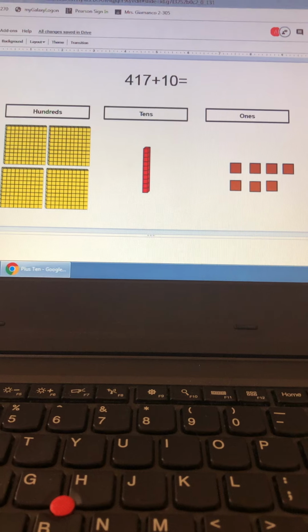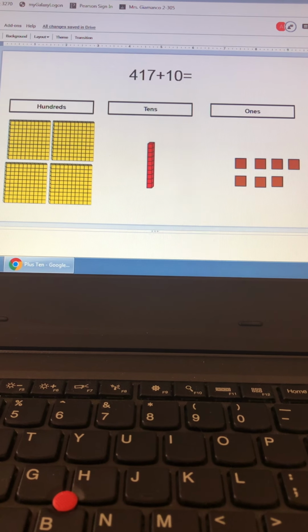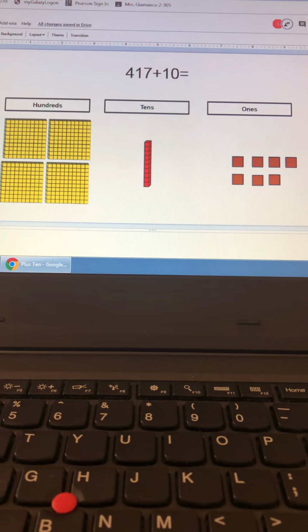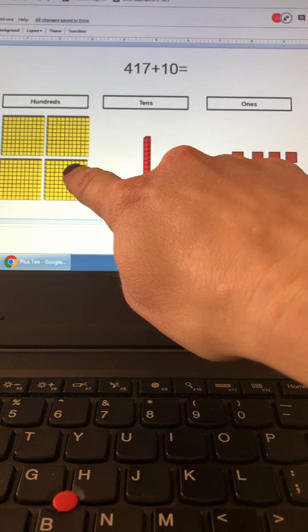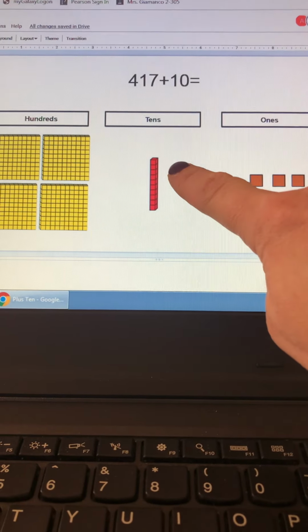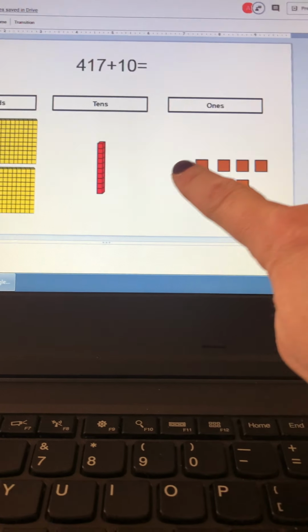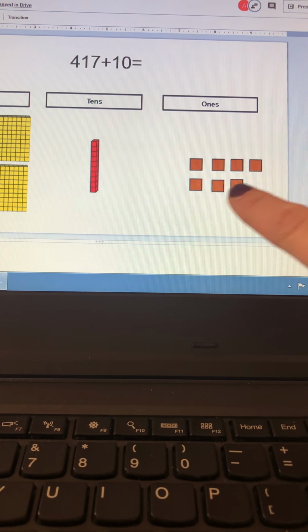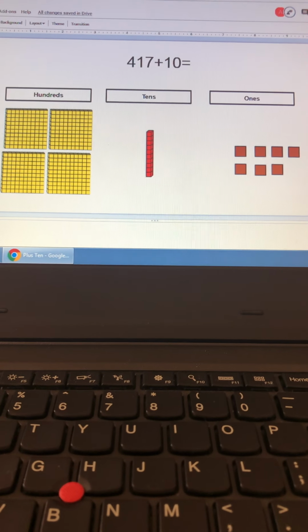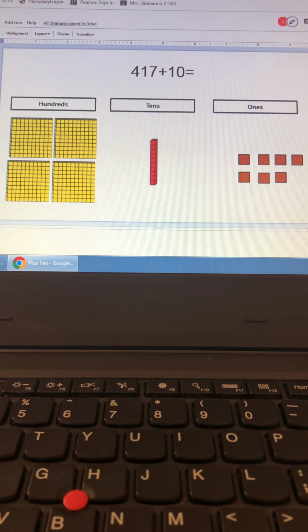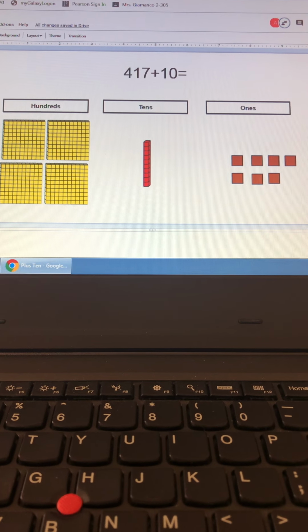We have 417 plus 10. So if you see in my table, I have 4 hundreds, right? 1 10 and 7 ones. That shows 417. I need to add 10 to 417, right?